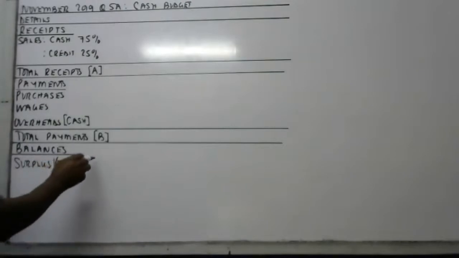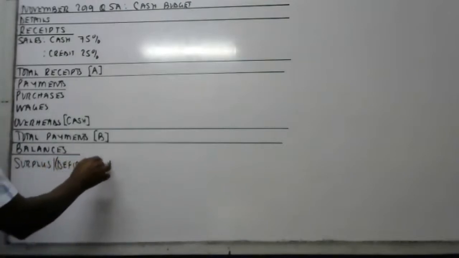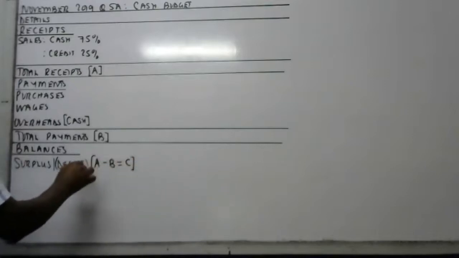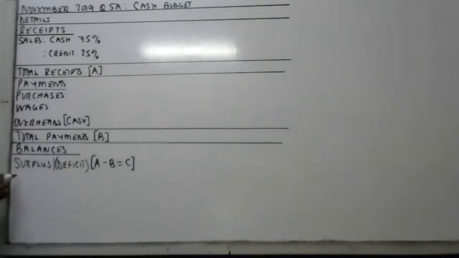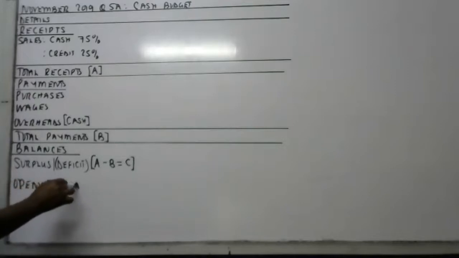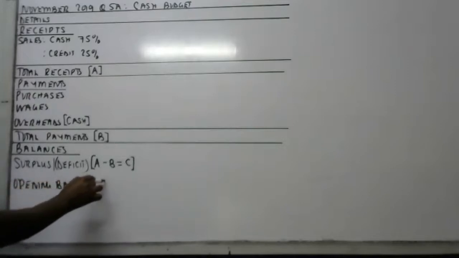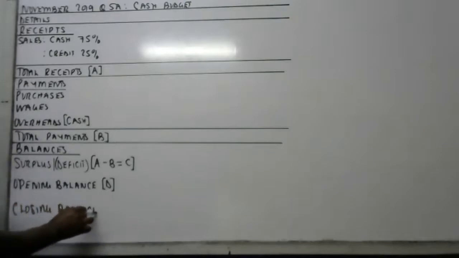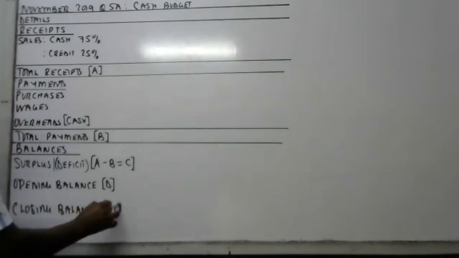And this one will be arrived at as A minus B is equals to C. Then I will bring the opening balance. The opening balance, we will call it D. And then I will have the closing balance, which will be C plus D.